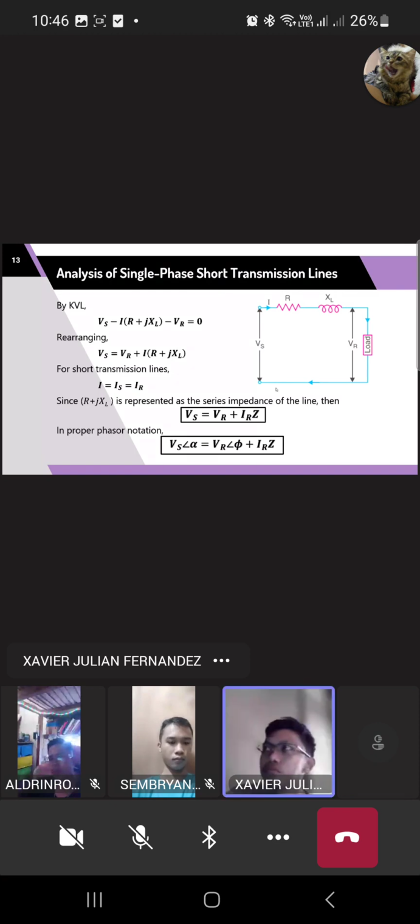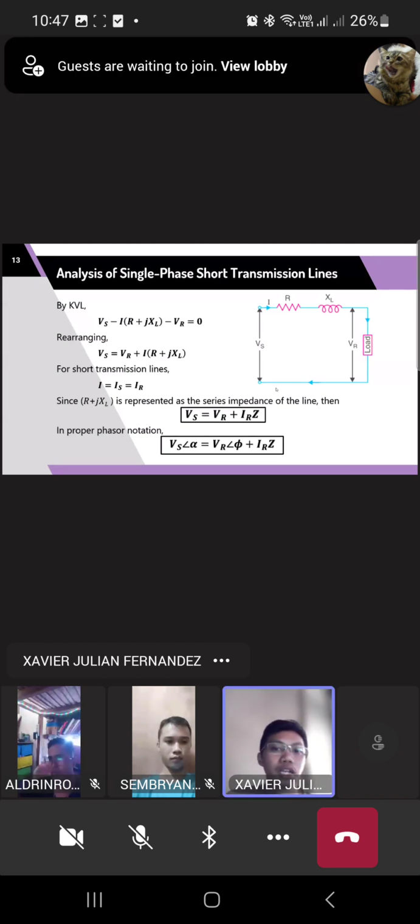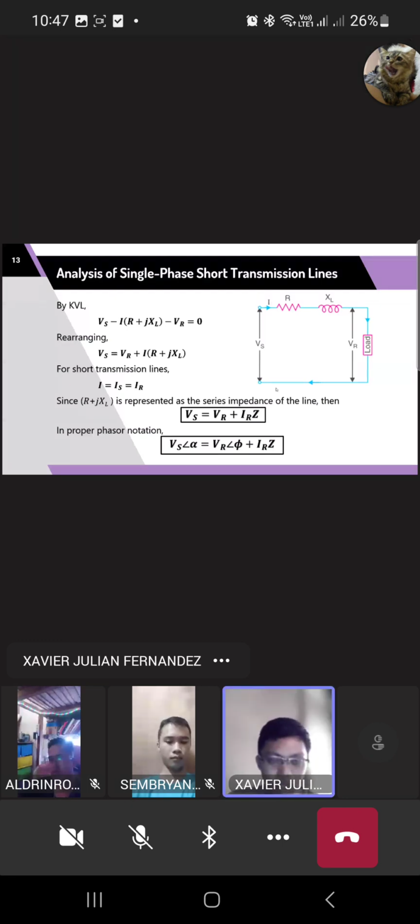That's why the missing value is the sending end voltage. For the receiving end voltage, when you hear of an 11 kilovolts transmission line, it is automatically the voltage at the receiving end, because that's the rated voltage for that transmission line. I hope everyone got that.